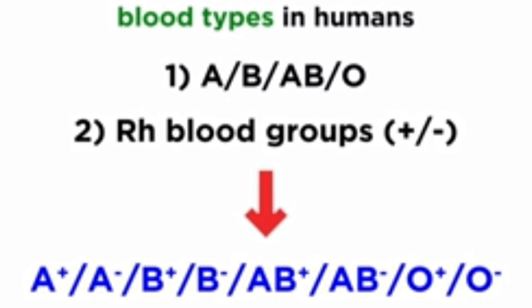And for this, a person is either positive or negative. This is reported along with the ABO blood group by tacking on positive or negative to the end, giving us groups like O positive, A negative, and so on. And with that, we are familiar enough with the structure and function of blood.